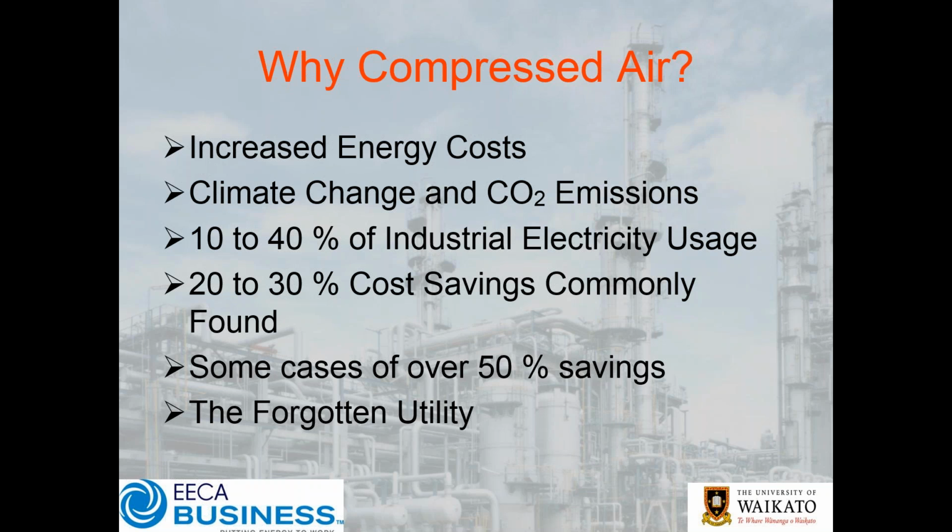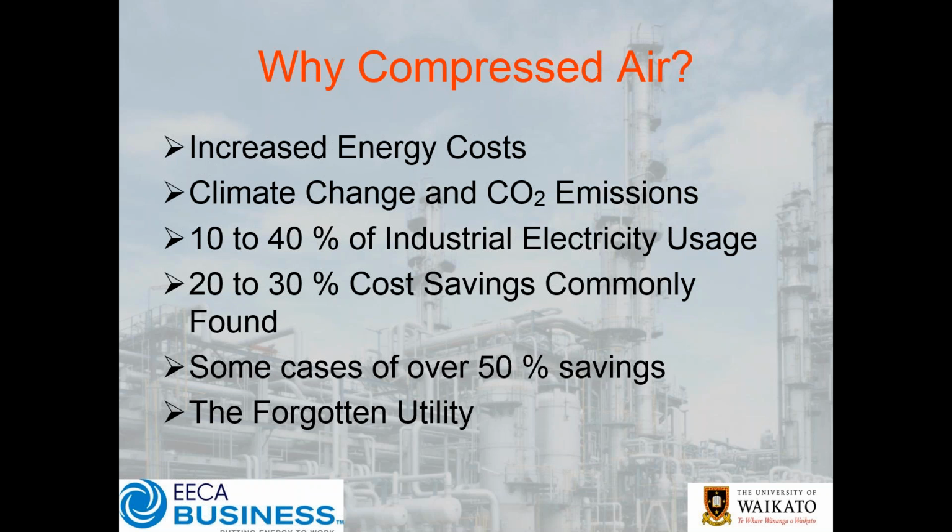Now, depending on the nature of your industry, anywhere from 10 to 40%, or in some cases even more, of industrial electricity usage can be spent on compressed air. And typically, when you look at a lot of compressed air systems, it's not uncommon at all to find an easy 20 to 30% saving that can be achieved at relatively cost-effective rates of return.